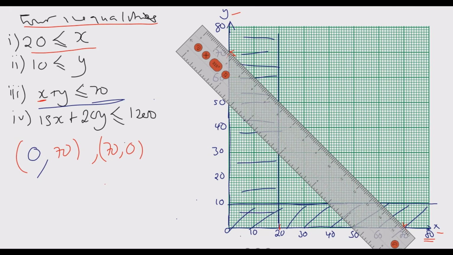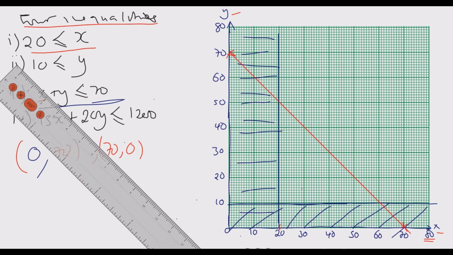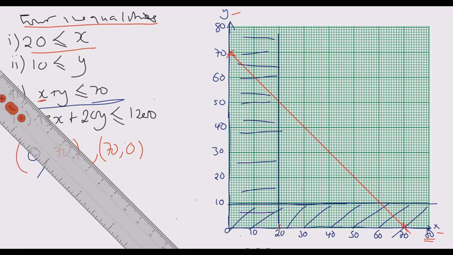Once we place the ruler in this way, we draw a straight line. In this case, I'm going to use the red one so that you see the difference. It will pass through that point. Once you do that, to distinguish, we can label these inequalities. So it will be x plus y is less or equal to 70.